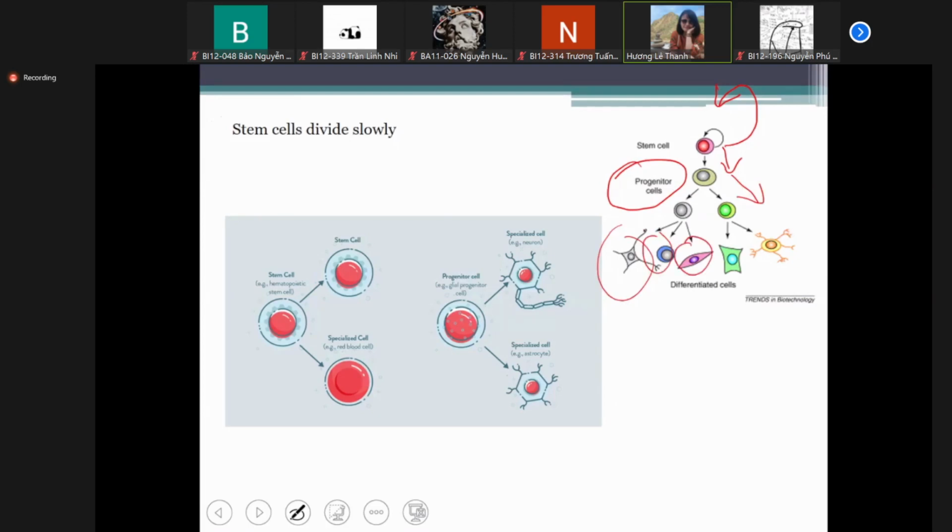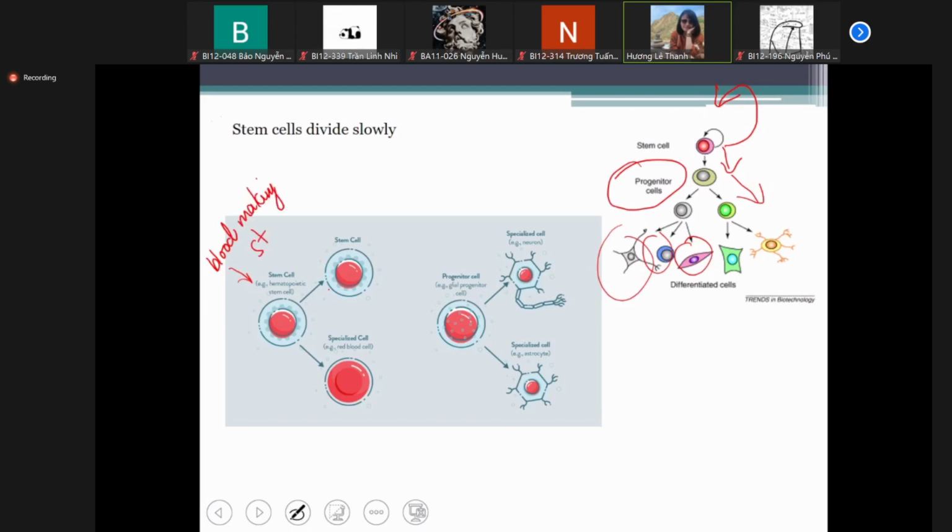For stem cell divisions, we have two types. For example, here we have a hematopoietic stem cell. That stem cell can produce blood; it is a blood-making stem cell.